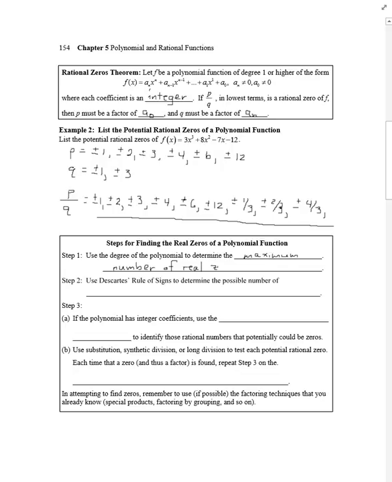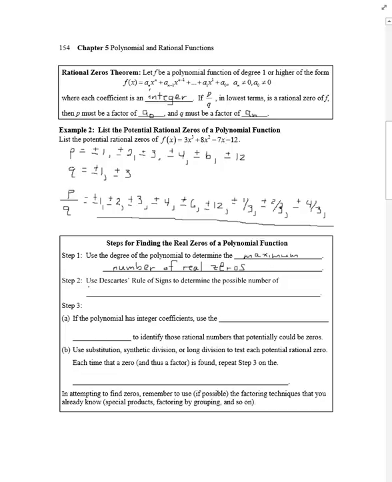So remember, for any polynomial, the maximum number of zeros it can have in general is the same as its degree. So if it's of degree 5, the maximum number of real zeros we could have is 5. Now that doesn't mean we will have 5 real zeros. We could have some imaginaries in there. But it's a good place to start.